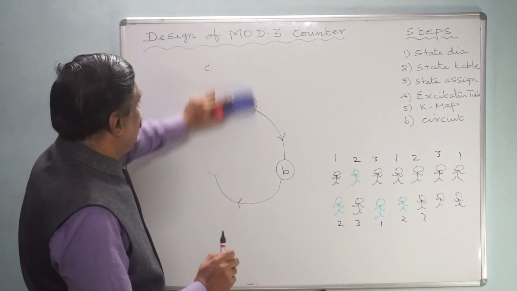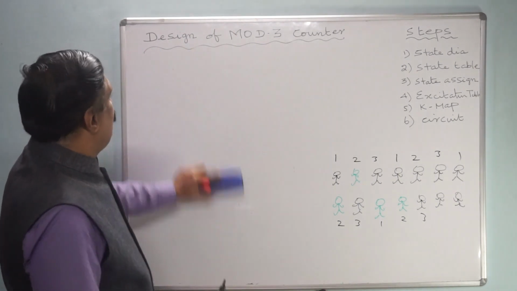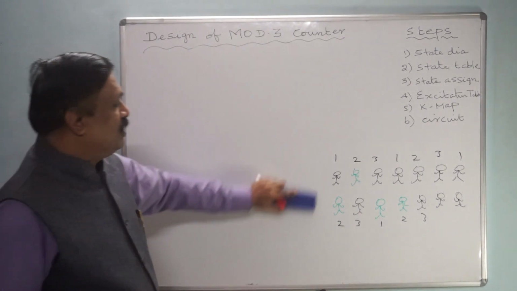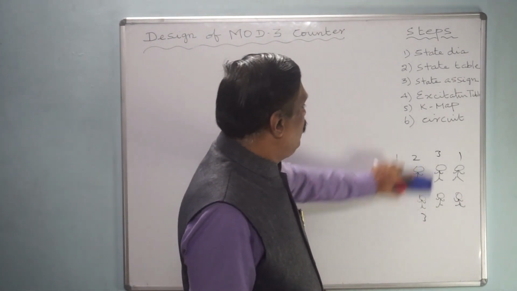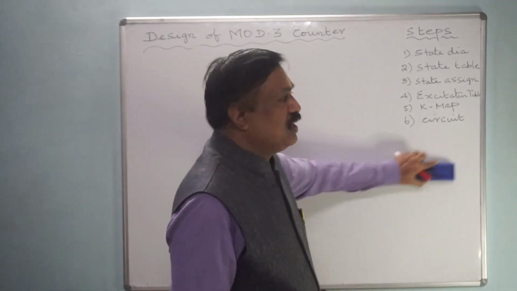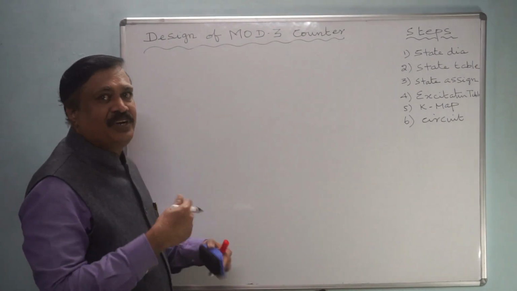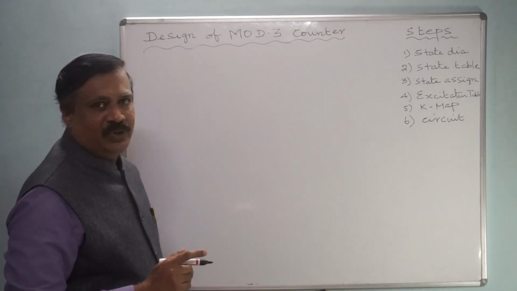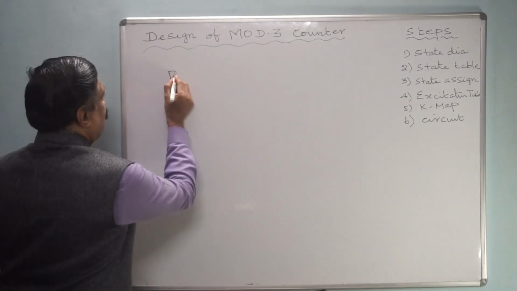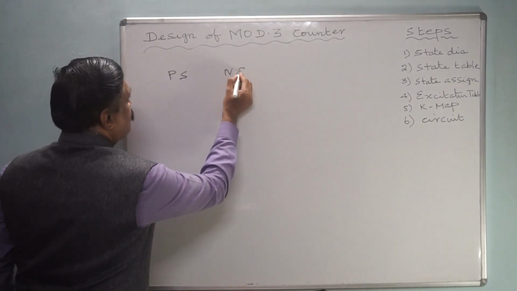What is meant by a state table? A state table means present state and next state. What is the present state and what is the next state? That is the state table. I am not writing the heading because it will take time. You can note it.